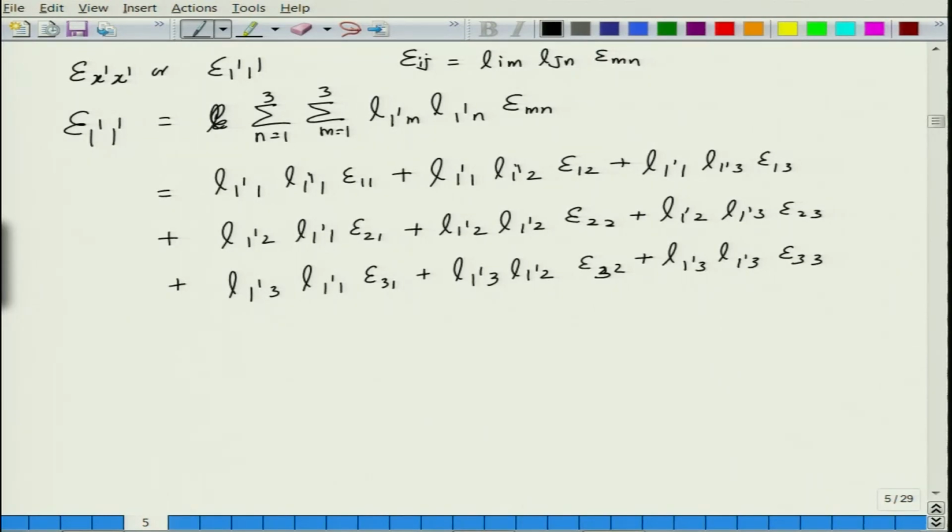Okay. So, we can now simplify this. So, we can make epsilon 1 1 equal to epsilon 1, epsilon 2 2 as epsilon 2, epsilon 3 3 as epsilon 3, and we convert these using epsilon ij is equal to epsilon ji, and epsilon ij is also equal to half of gamma ij.